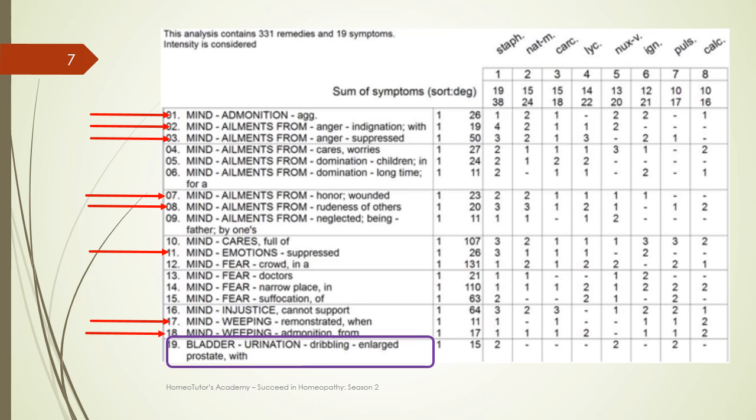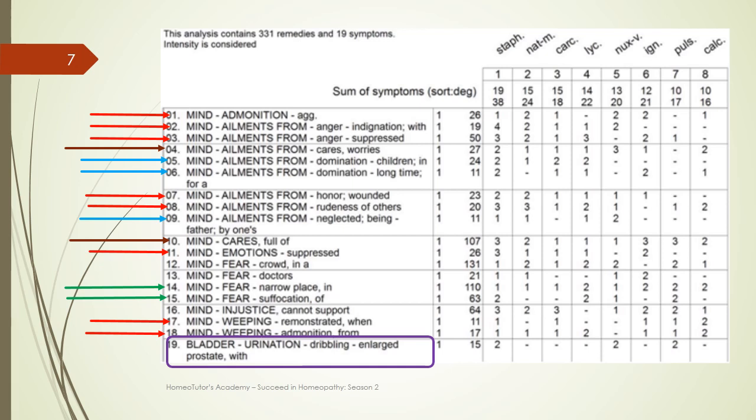Let's take the next lot. Here we have ailments from domination in childhood, domination for a long time, from being neglected by a father. Once again, very small rubrics, all pointing to the same thing. And going further, here we have ailments from cares and worries. We have mind full of cares. Once again, these need to be combined.